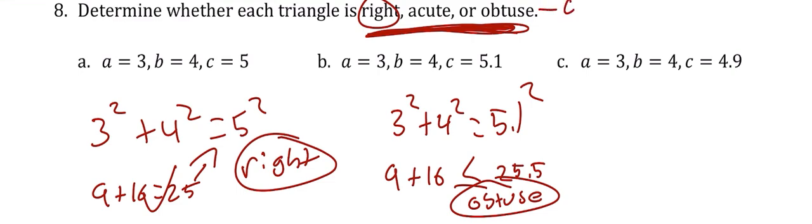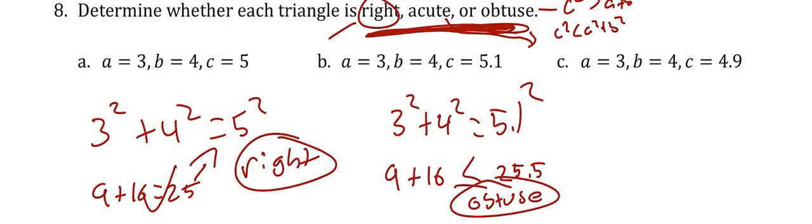Okay, and so this is c squared is bigger than a squared plus b squared. Acute is going to be the opposite: c squared is less than a squared plus b squared. And right is where the Pythagorean theorem is true.